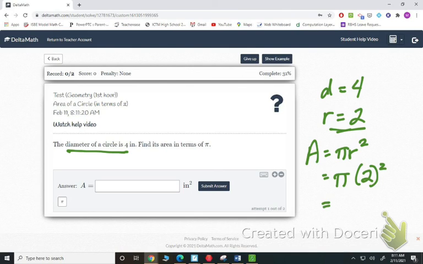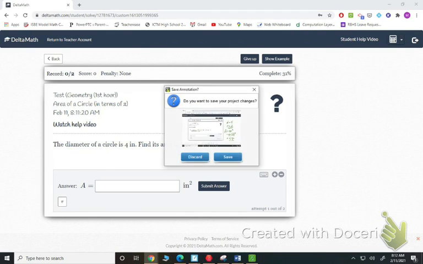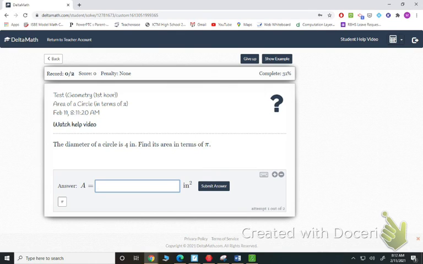So 2 squared is 4, so my final answer would be 4 pi. This is just a coincidence that the diameter is 4. This only happens when the diameter is 4 or the radius is 2 for that matter. Okay, so let me hit escape so I can type it in there. So again, my answer would be 4 pi.